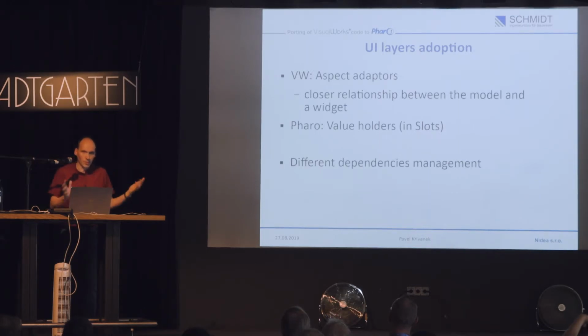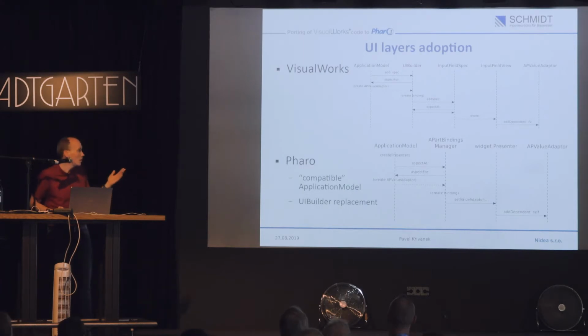VisualWorks uses aspect adapters, while Pharo uses value holders in slots. And for that, for example, for the binding of the views to the models in VisualWorks, you have some application model that uses a UI builder and, together with the specification of the user interface, it creates a widget and sets the binding to it.